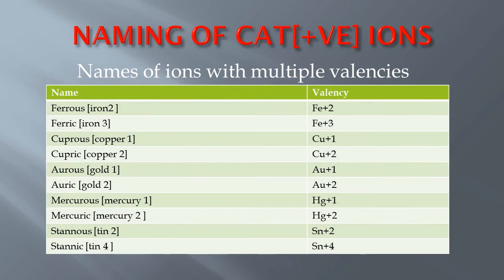So here ferrous valency is 2, ferric 3, cuprous 1, cupric 2, gold, that is aurous 1, auric 2, mercurous 1, mercuric 2, stannous 2, stannic 4. These days, they also use terms like iron 2, iron 3, copper 1, copper 2, gold 1, gold 2, mercury 1, mercury 2, and tin 2 and tin 4. There is no harm in it, that can also be used.